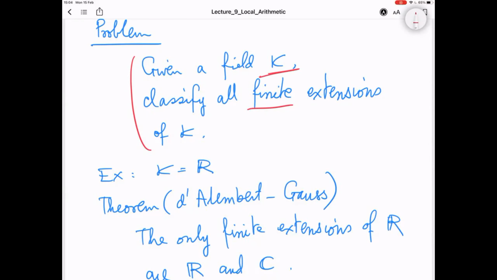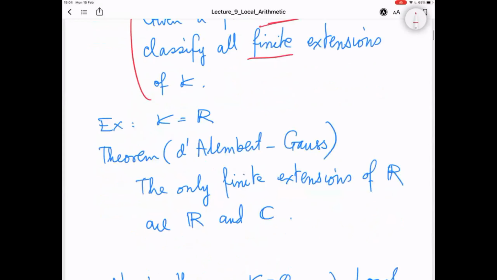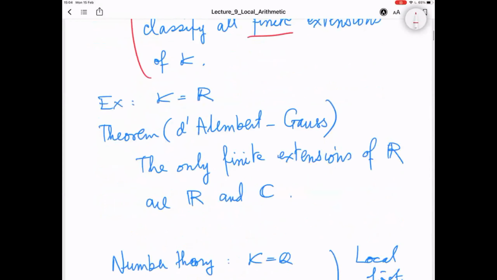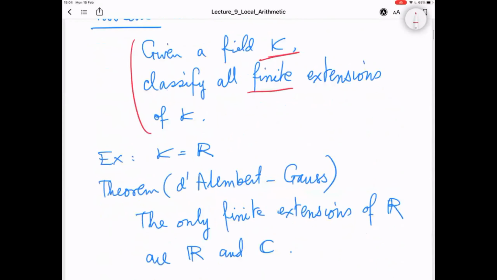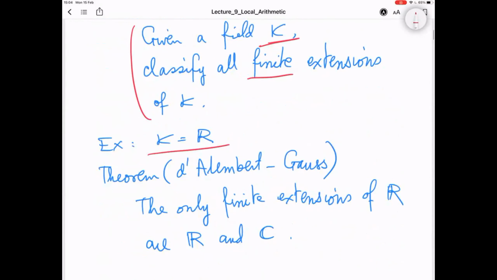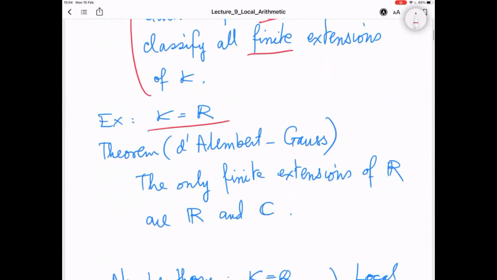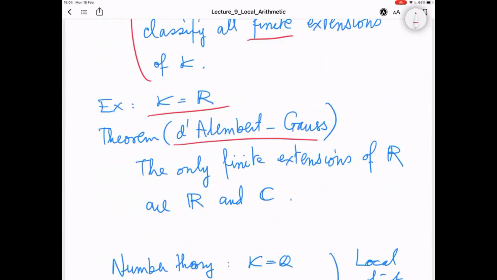By the way, I'm coming to it. So for example, when K is the field R of real numbers, then there's this theorem which is sometimes called the theorem of d'Alembert-Gauss, which says that the only finite extensions of this field R are R itself and the field C of complex numbers, which contains R, of course.